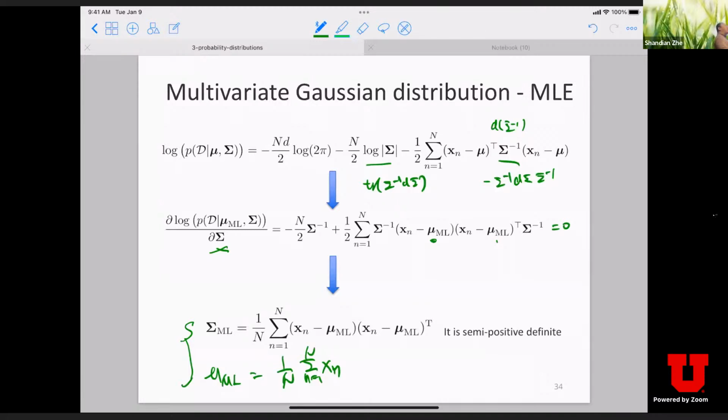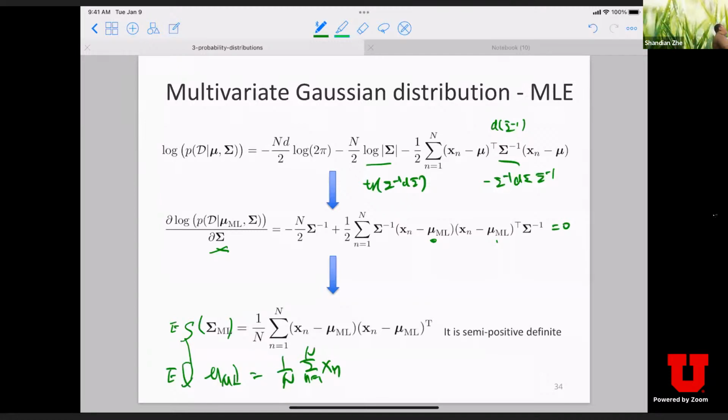Does it make sense? A natural question will be: if we further take the expectation of my estimate, will it be exactly the same as the true mean and the covariance? Remember the estimate is a random variable.